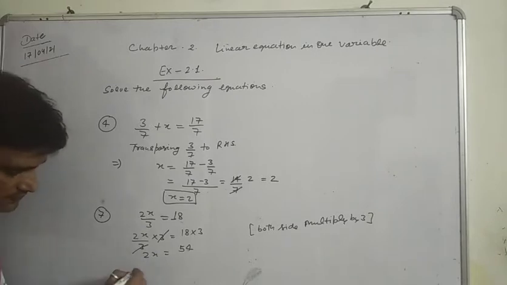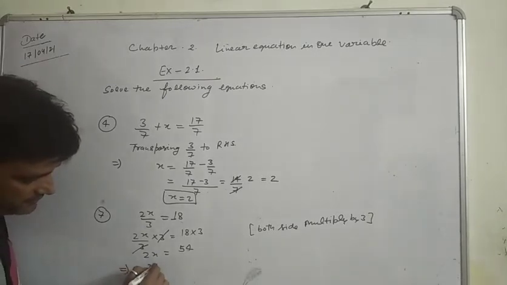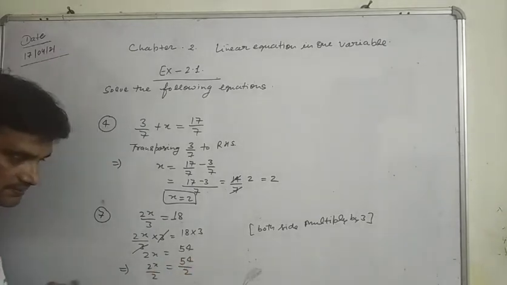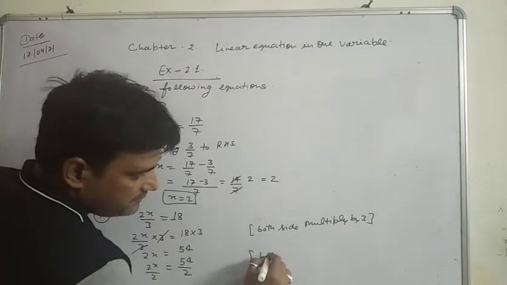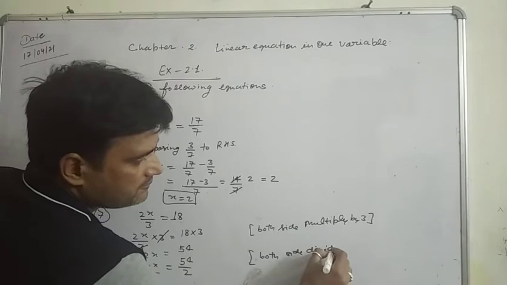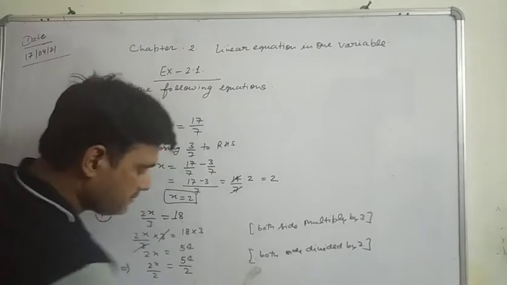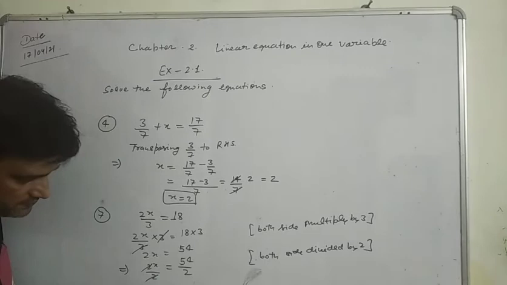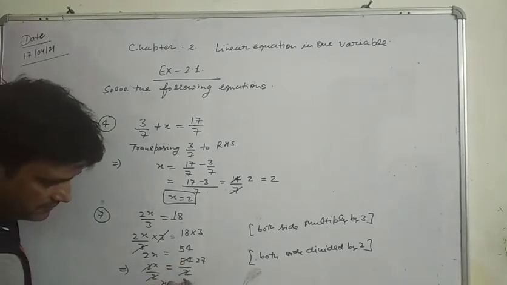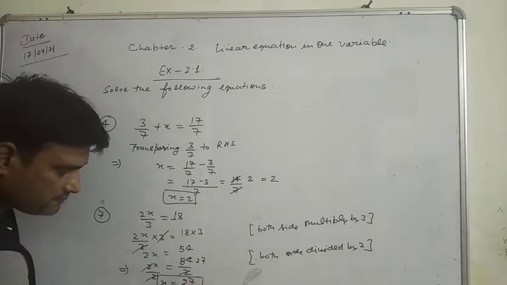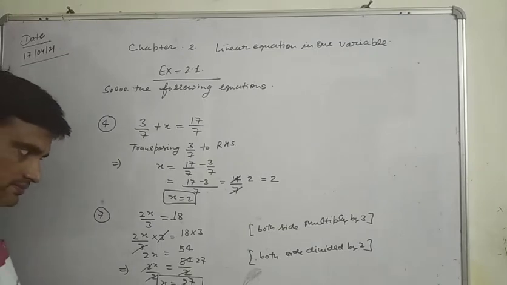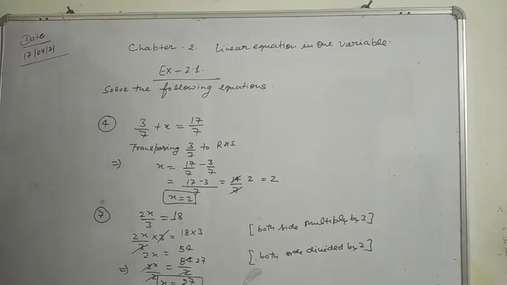Now both sides divided by 2. 2 cancels out by 2. x = 27. Understand?